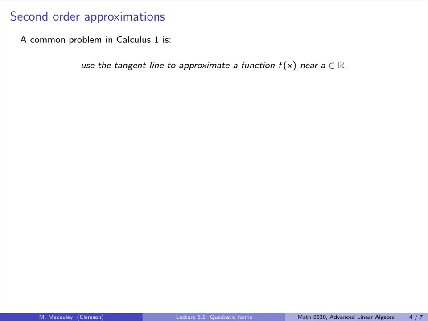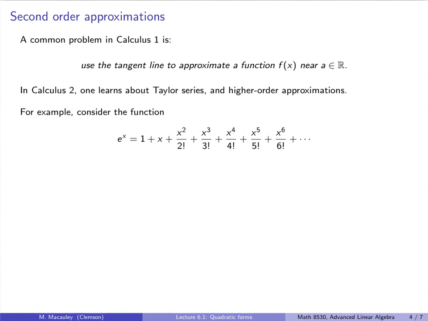A common problem in Calculus 1 is to use the tangent line to approximate a function f of x near a point. In Calculus 2, one learns about Taylor series and higher order approximations. For example, consider the function f of x, which we know is, here's the Taylor series, 1 plus x plus x squared over 2 factorial, and so forth.